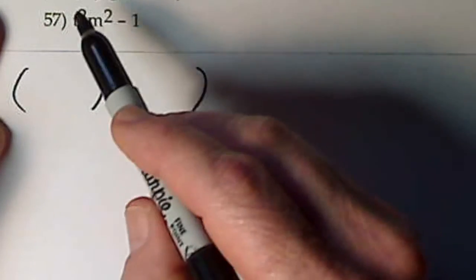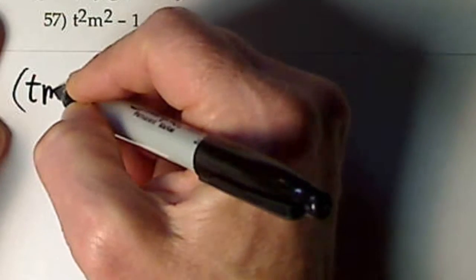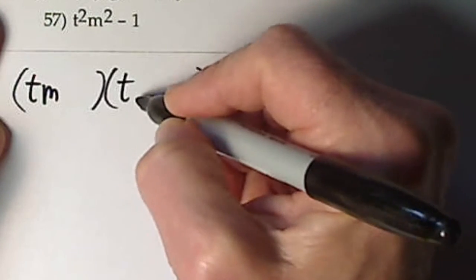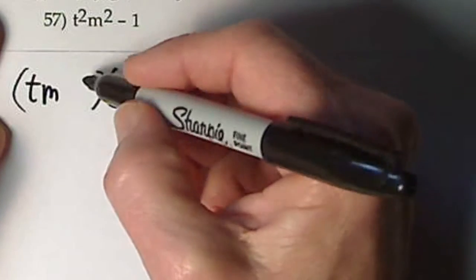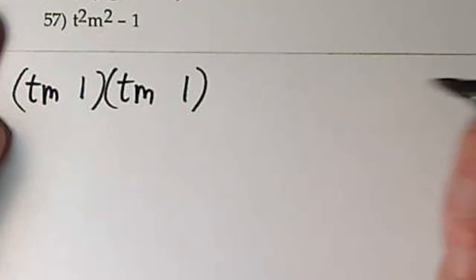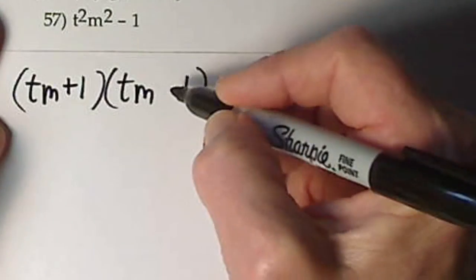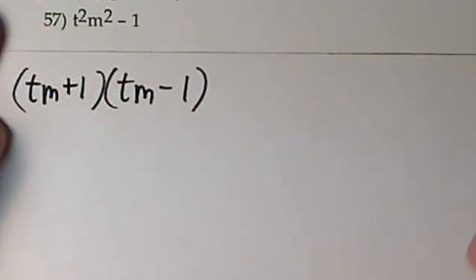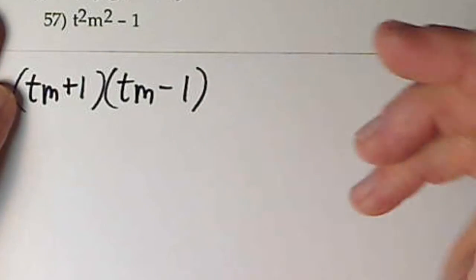The square root of t squared m squared is tm. So you'll have a tm in the first position. The square root of 1 is 1. And then you just have to remember to put a positive in one and a negative in the other. And this is the factored form of t squared m squared minus 1.